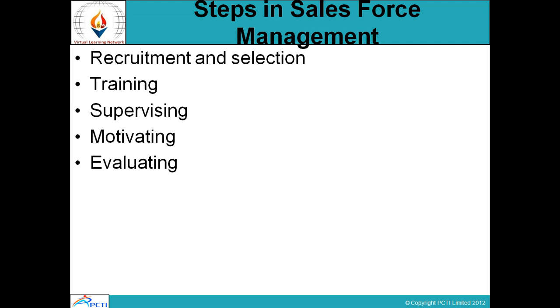After recruiting, there is a step of providing training to the recruited people. Whenever they are working, there must be proper supervision for the same. When the supervision step is over, then there should be proper motivation for the same, and evaluate the performance of the employees at the preset parameters.